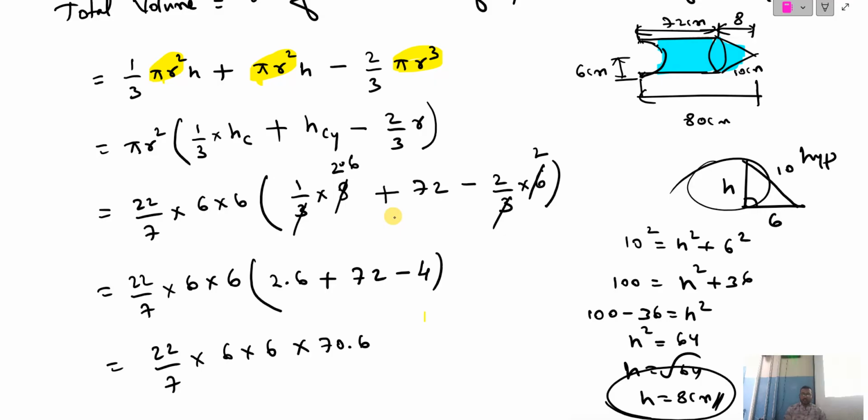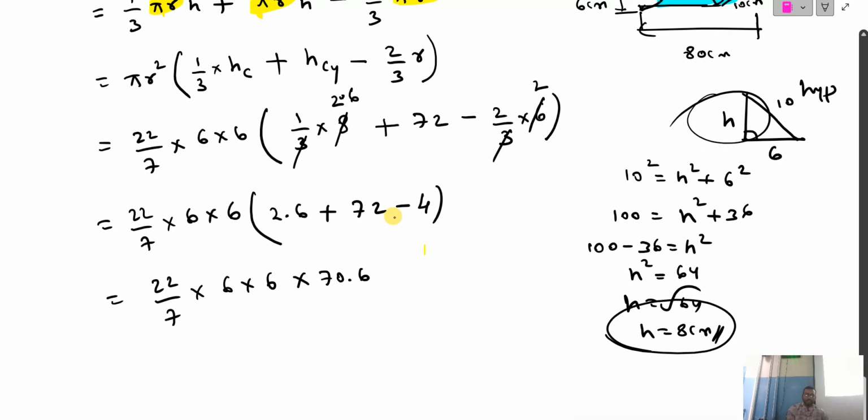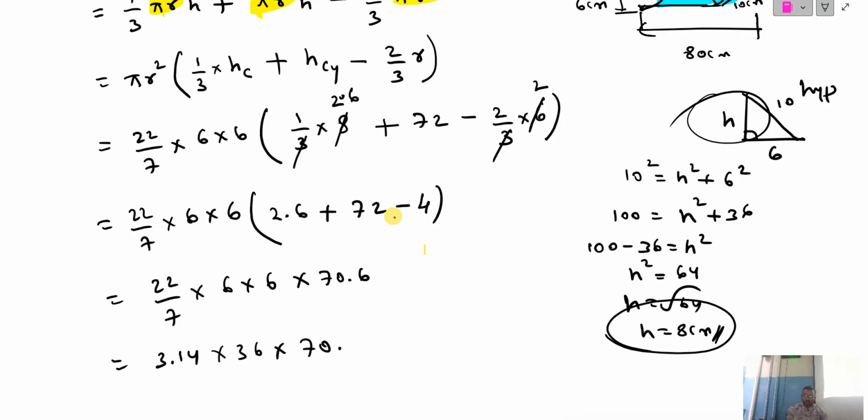Now this 7 and 70.6 will get cancelled. We don't want that much step. Directly we can take 22 by 7 as 3.14. Better. 22 by 7 is 3.14. 6 into 6 is 36 into 70.6.